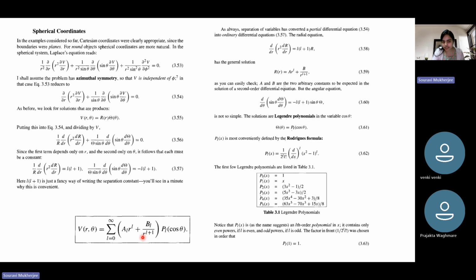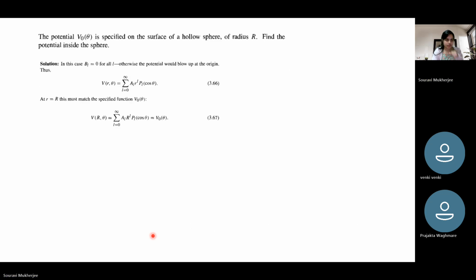Inside the sphere, r can take a value of 0, and if r takes a value of 0, this term blows up. So in the general form of potential, you cannot have BL. When you're talking about potential inside a sphere, you will just have AL terms, not the BL ones. So your general form would be something like this. This is how you start.